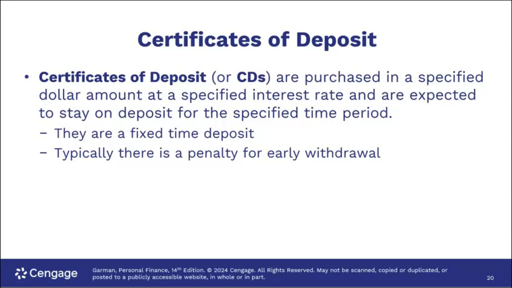In a lot of cases, the penalty is the forfeit of your interest. So if you had a 1-year CD and you needed it in the 10th month, you might forfeit 9 months of interest. If you buy CDs, it's something you need to be aware of, and read the fine print.